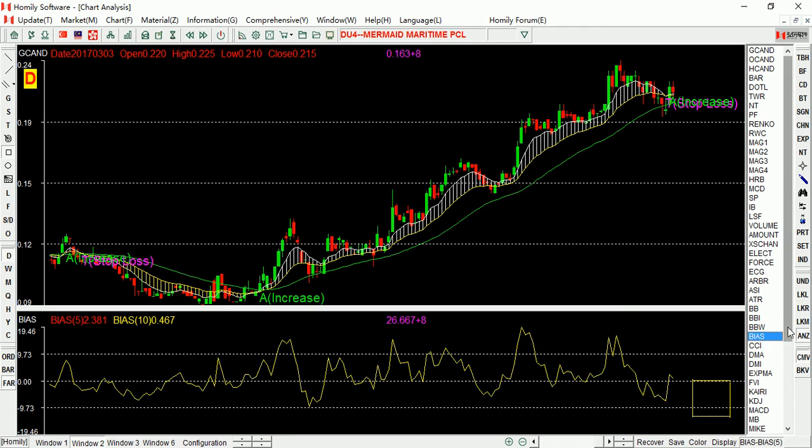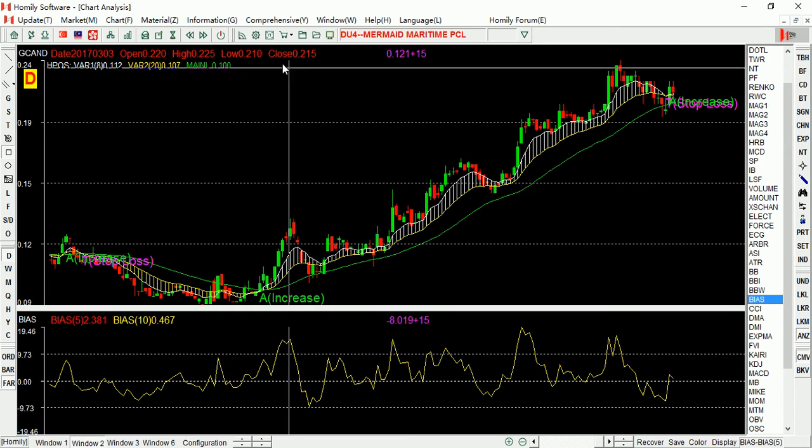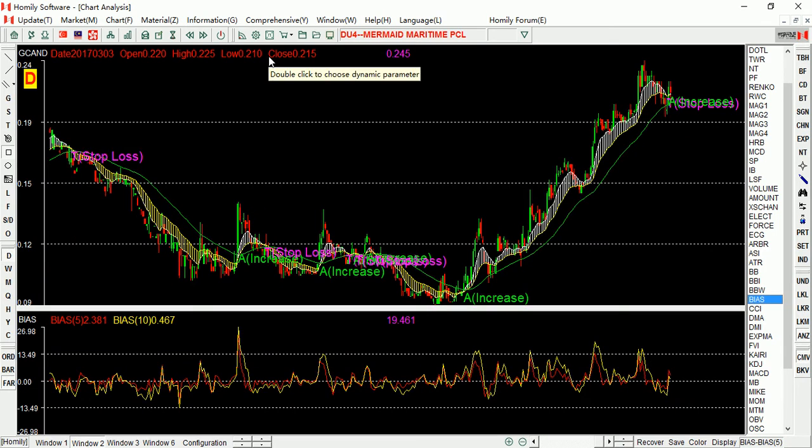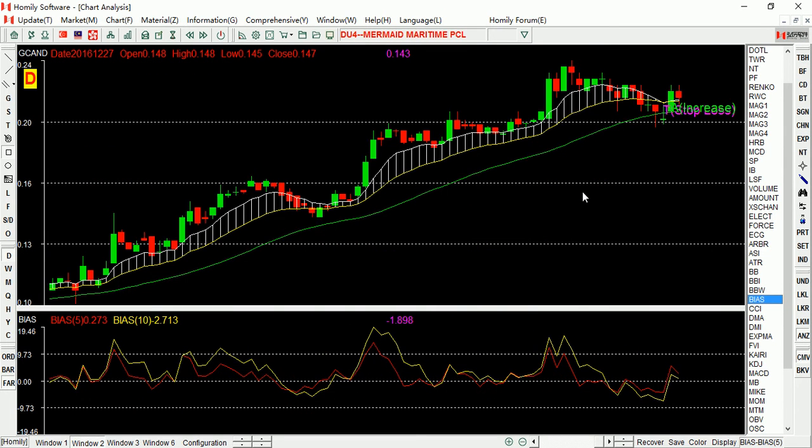This is the indicators. Okay, so this is the BIAS. So what's the BIAS? BIAS is only for judging the deviation, or the distance between the price and the moving average.